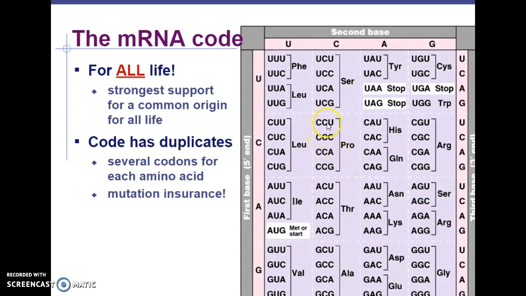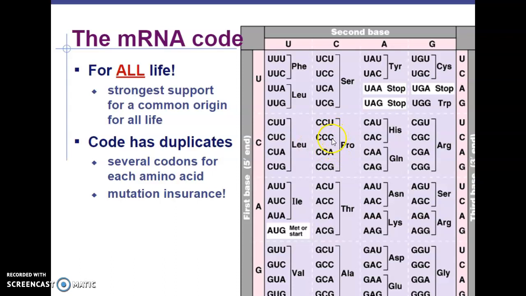So if you look here at CCU, CCC, CCA, and CCG, they all code for proline. And if you notice, for most of these, the first 2 letters are the same, and that third letter doesn't really matter what it is, it's going to code for the same amino acid. This is a way that we kind of have mutation insurance.